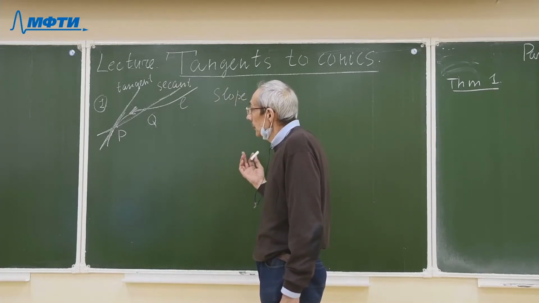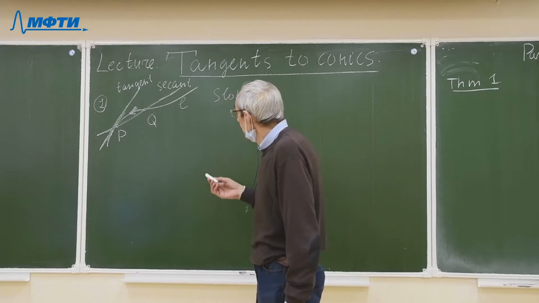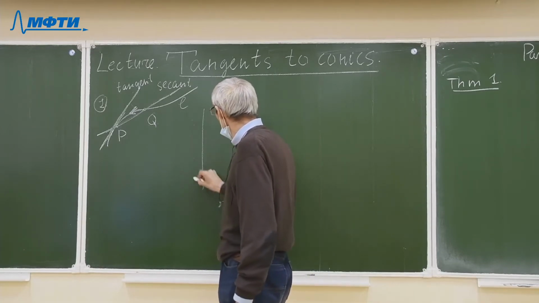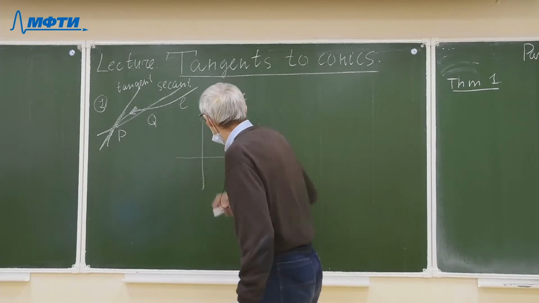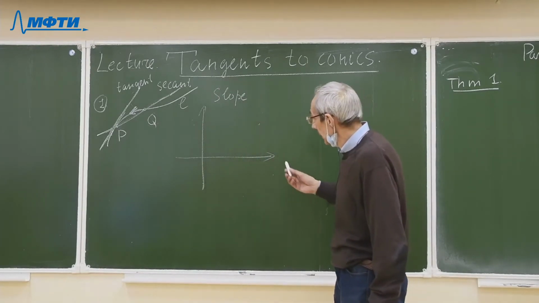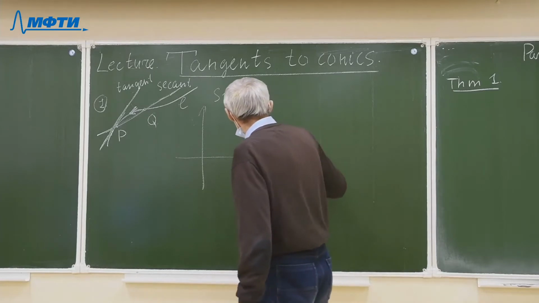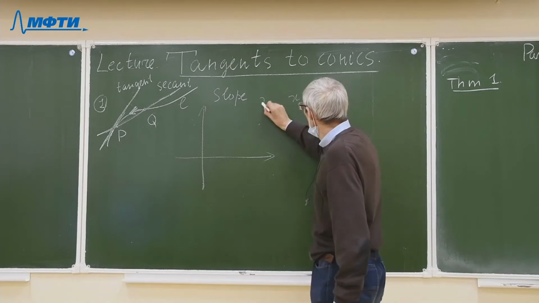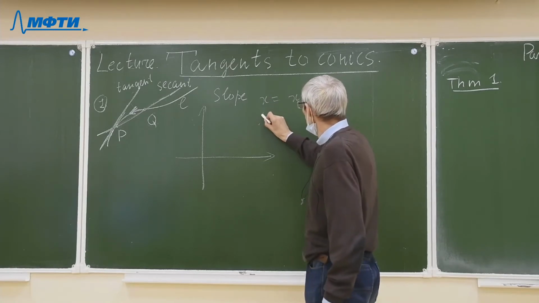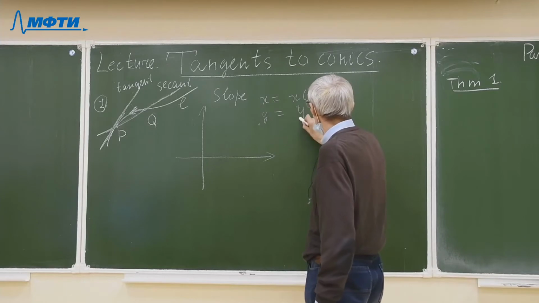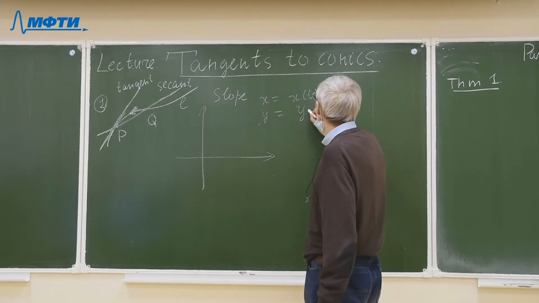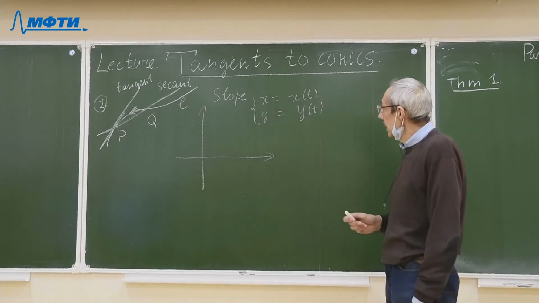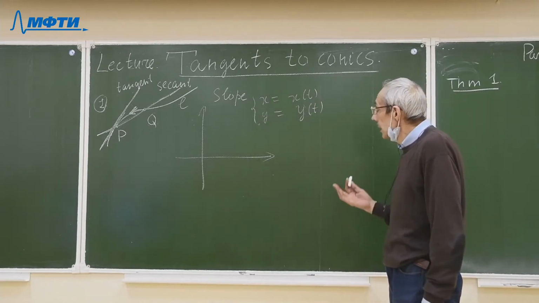The curve can be defined by parametric equations if we have a reference system in the plane, and we can consider two functions which depend on parameter t, x(t) and y(t), and we suppose that both functions are smooth.